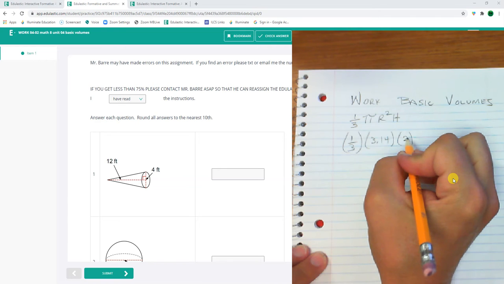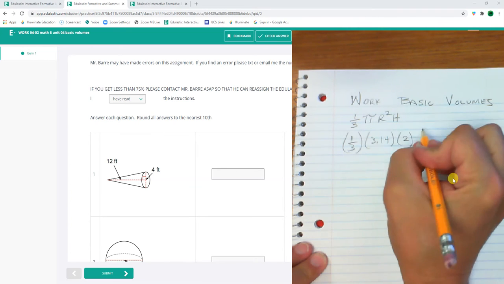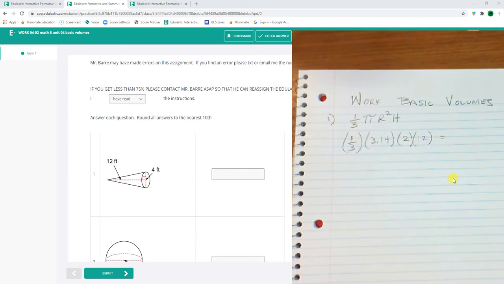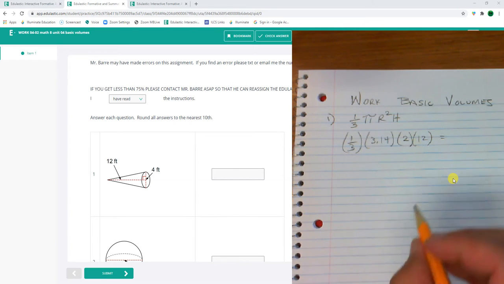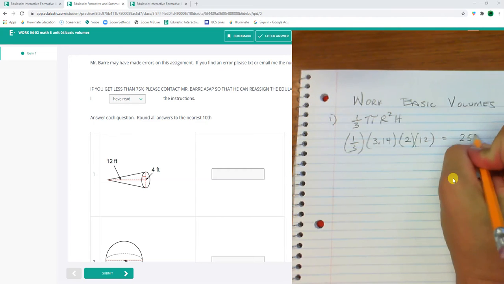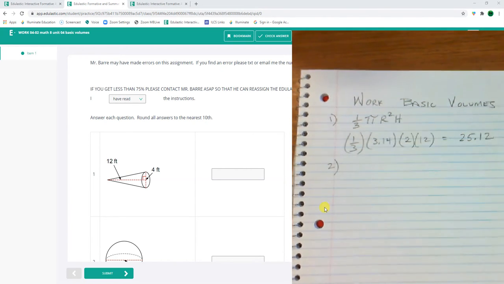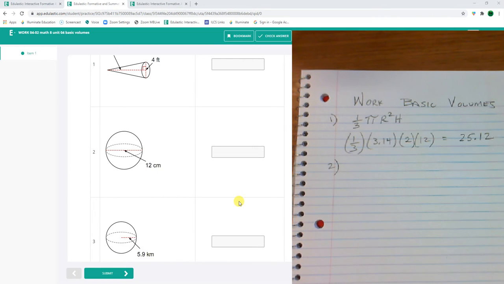The diameter is 4, but the radius is 2, times the height of 12. So 3.14 times 2 times 12 divided by 3, 25.12.